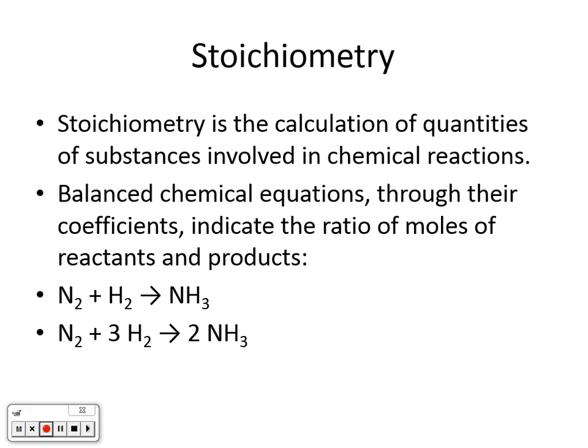Good so far. Okay, let's talk about what that balanced equation means. First, why do we have to balance chemical equations? You can give me one phrase. Why do we have to balance chemical equations? That's why chemical reactions happen. Why do we have to balance chemical equations?